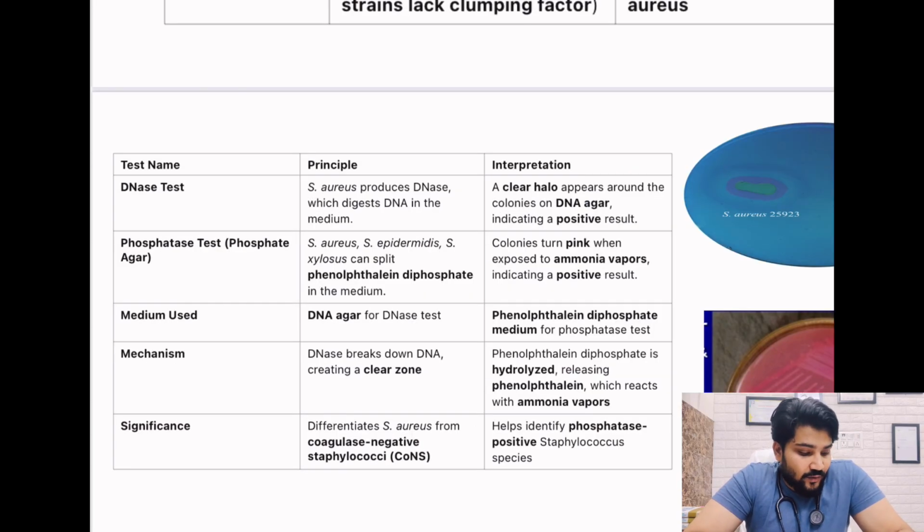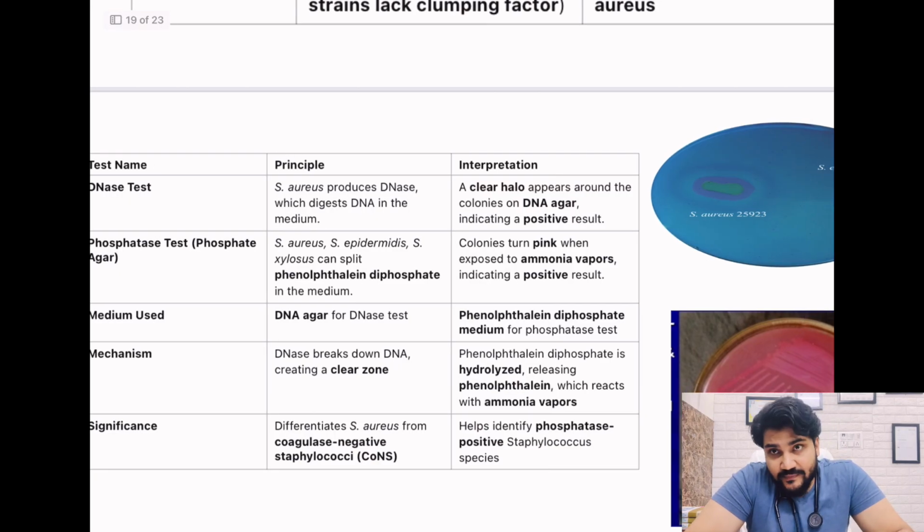Now, the principle is that Staphylococcus aureus produces DNase. They digest the DNA, so after digestion they form a clear halo around the inoculation of Staphylococcus aureus. Now, what is the principle of phosphatase?